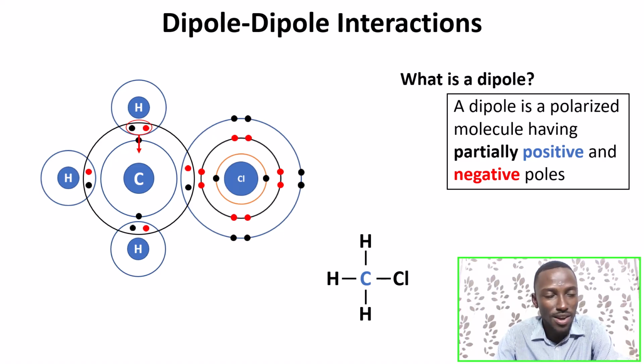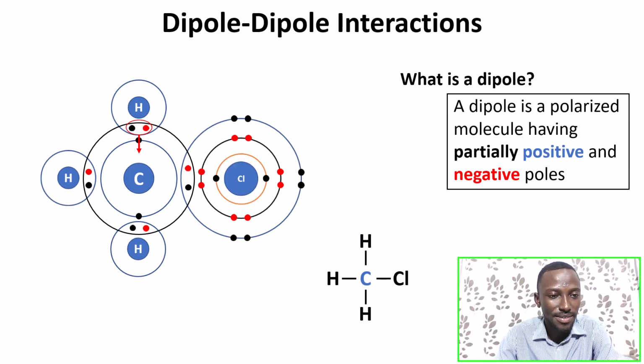It loves to draw electrons towards itself. Because carbon is more electronegative than hydrogen, it pulls the shared pair of electrons towards itself. I hope that's clear.